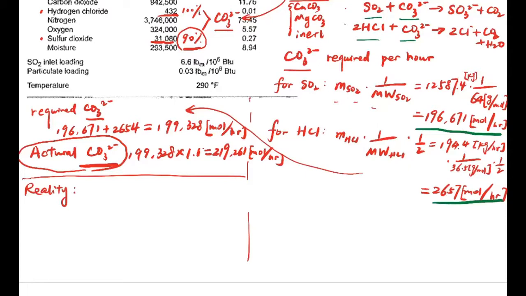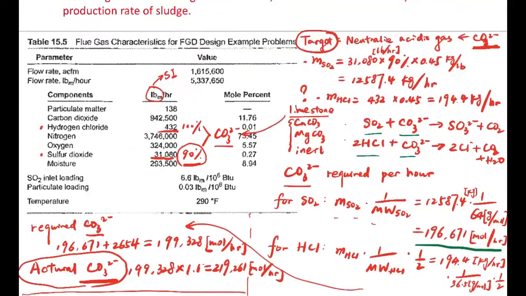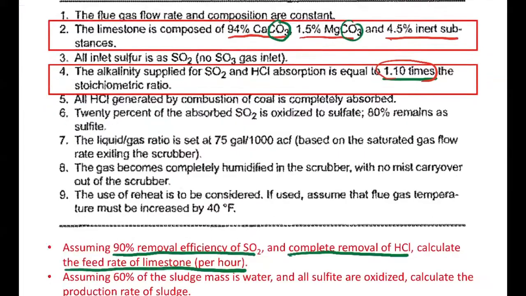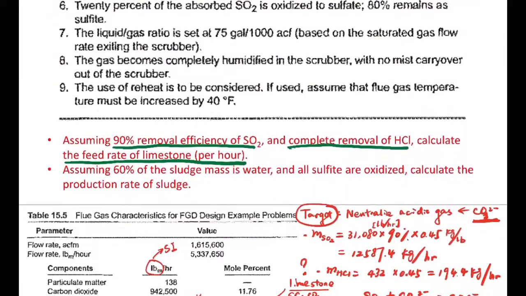The reality is we're going to use limestone, to provide these carbonate ions to neutralize the gas species. We mentioned that the limestone is not pure. It contains calcium carbonate, magnesium carbonate, and 4.5% of the inert species.